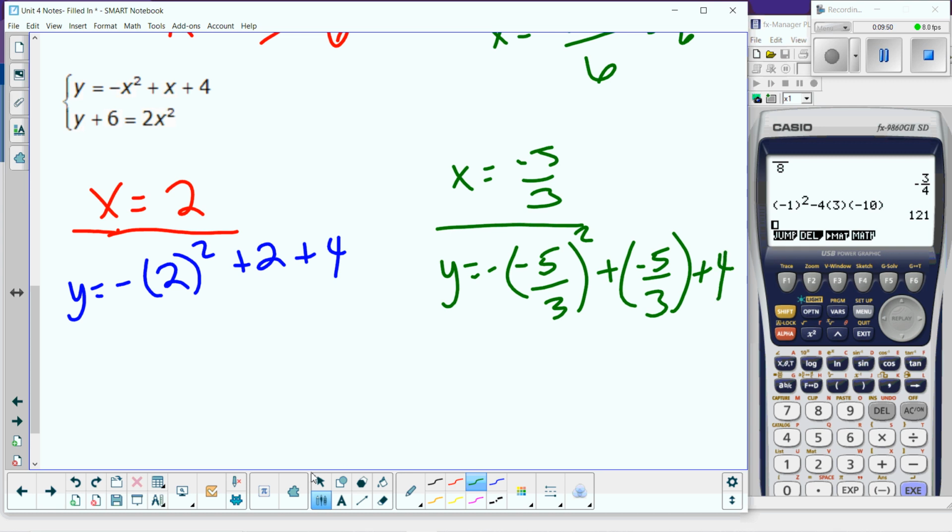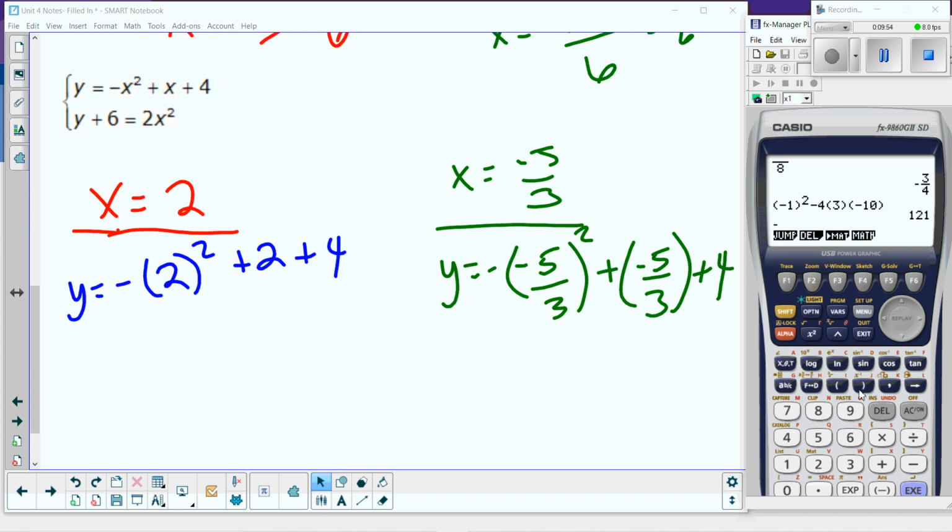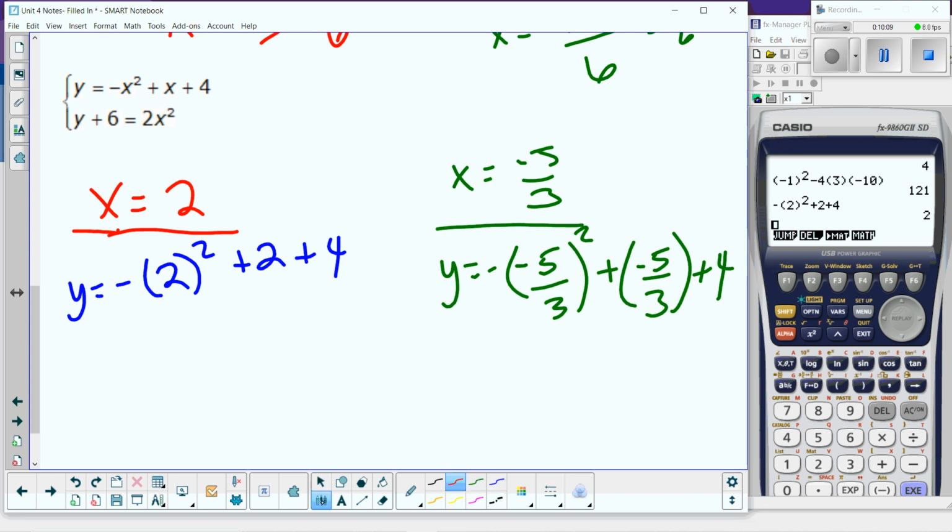Now you guys remember, use your calculator to your advantage. Negative 2 squared plus 2 plus 4. So we get y equals 2. So the answer here is 2, 2.